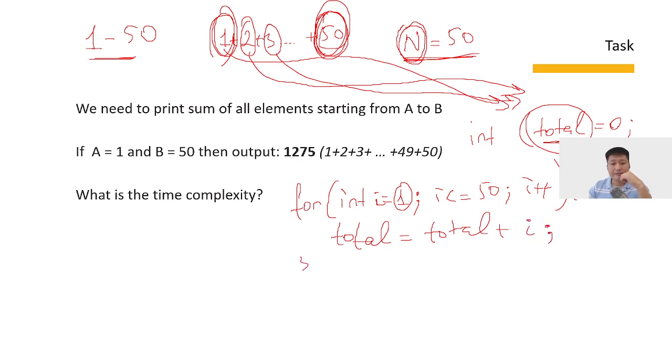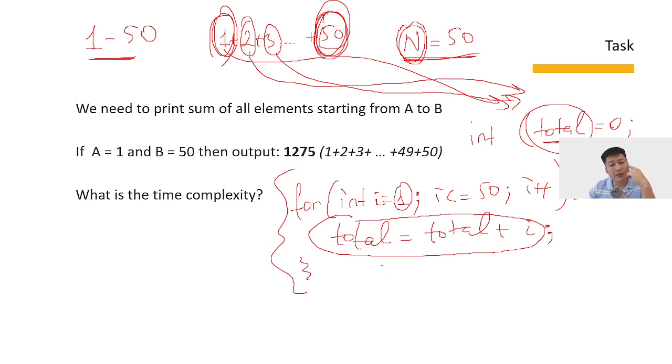So how many operations does this algorithm do? Normally 50, because we have 50 values from 1 to 50, and for each value we do the operation total equals total plus i.